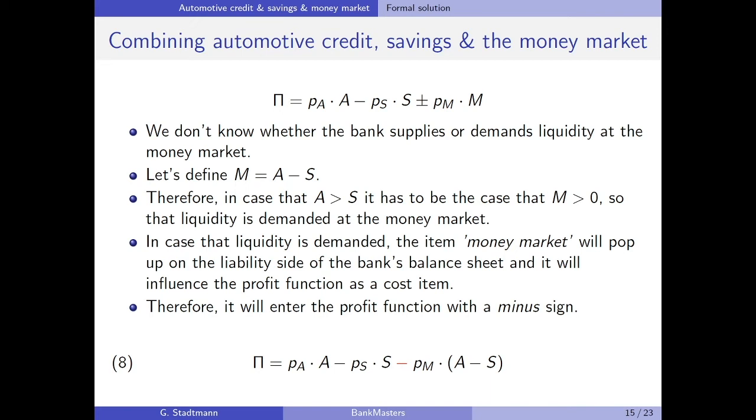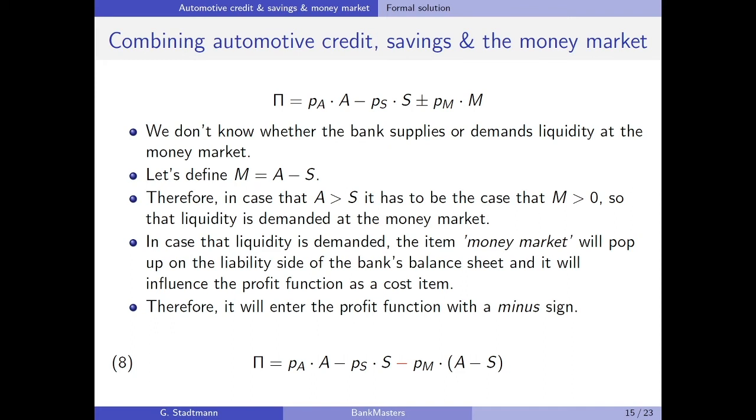The bank needs some money, so it should go and get some liquidity in the money market, but it is also a cost for the bank because it is borrowing. It is not lending in the money market because it needs some money. That's why we are putting a minus in front of the right hand side.